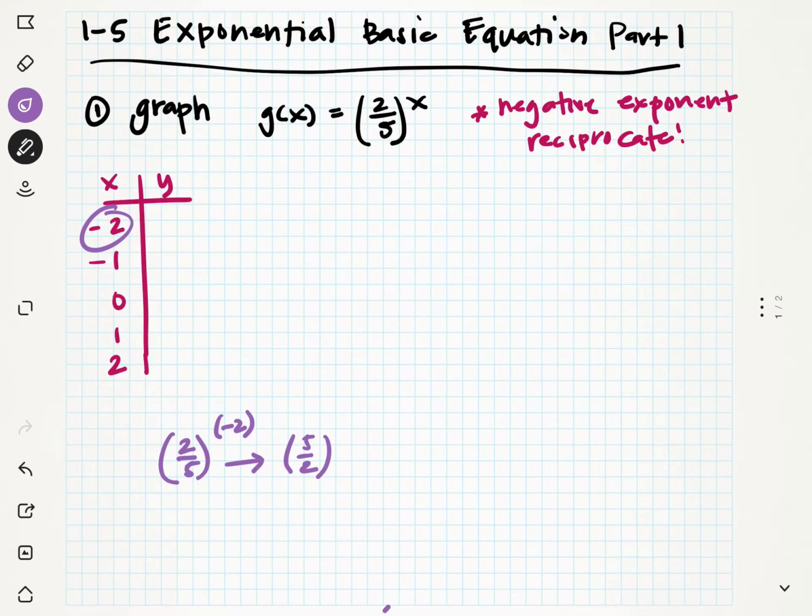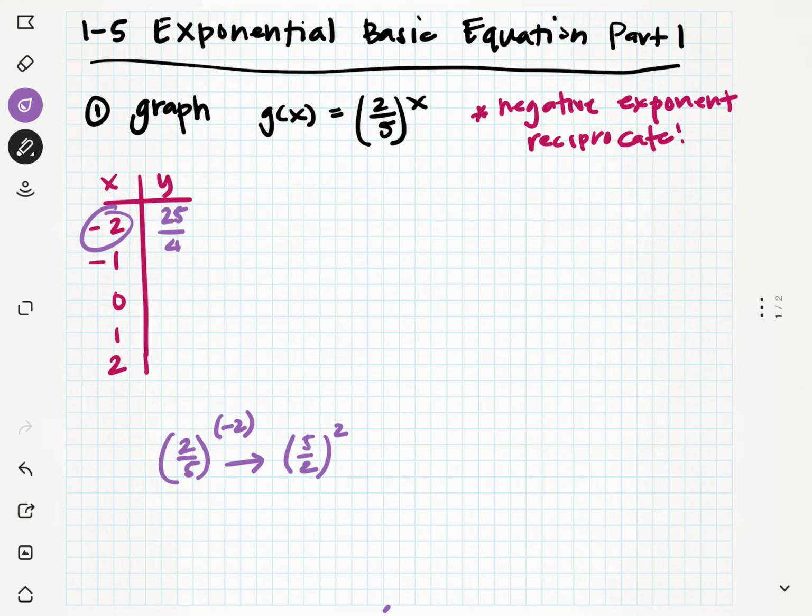And you guys can write this middle step, I guess, if it helps. So all we did was take the negative, reciprocate, then the 2 becomes positive. Now, 5 squared is 25. 2 squared is 4. So when x is -2, y is 25/4.